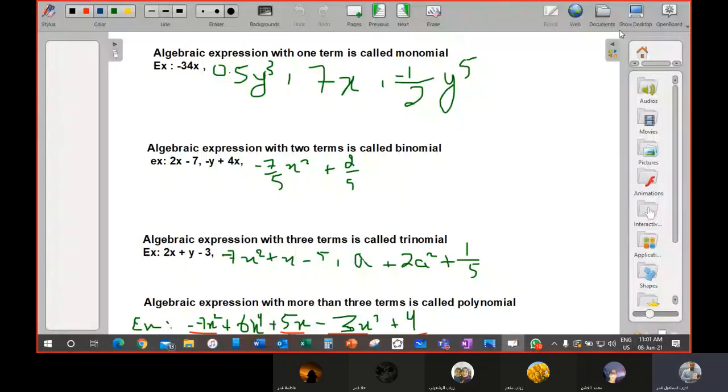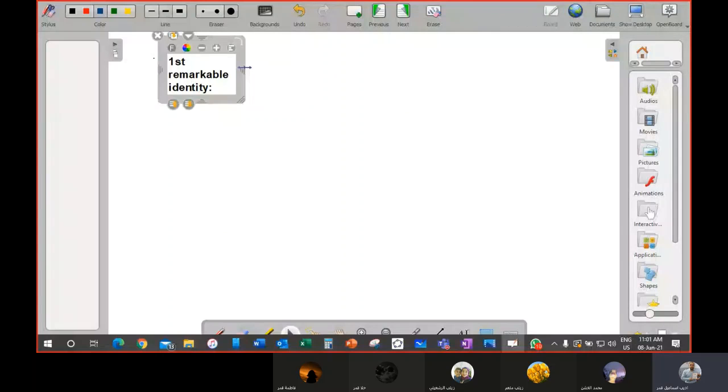The first remarkable identity was the square of a sum.